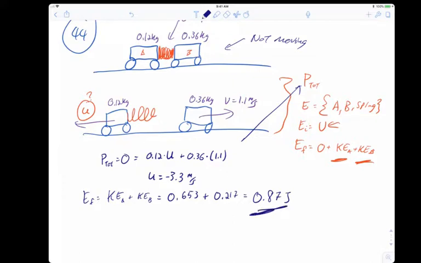That's how much energy was in the spring initially. That's fun, right? All right.